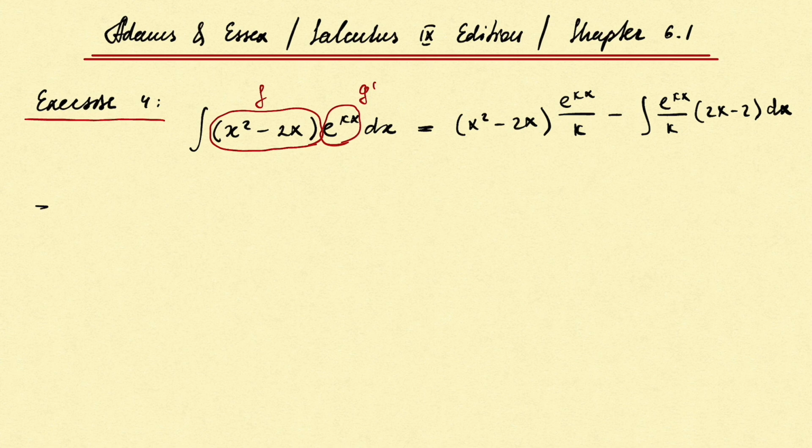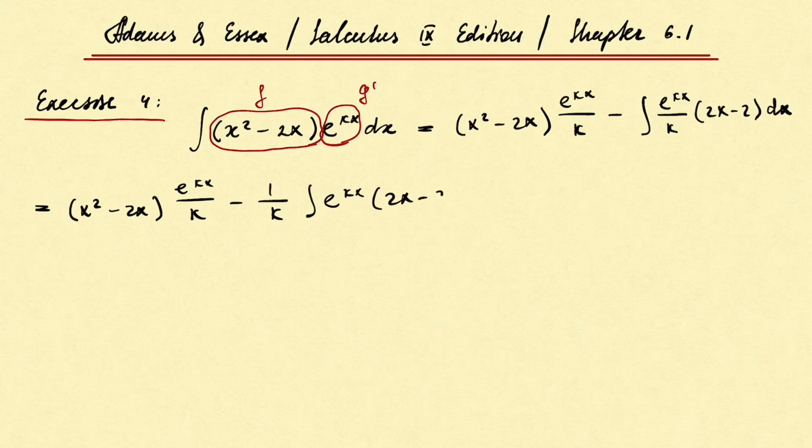So what we get is x squared minus 2x times e to the kx over k, minus, let's write this as 1 over k, the integral of e to the kx times 2x minus 2 dx. So again, we have a structure of exponential and polynomial, right?